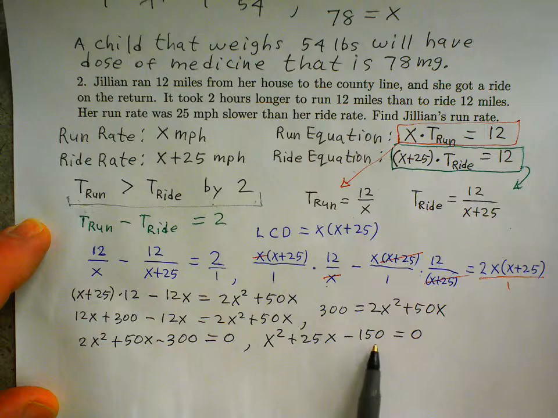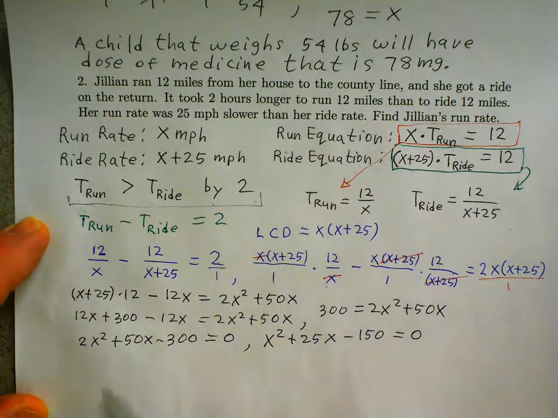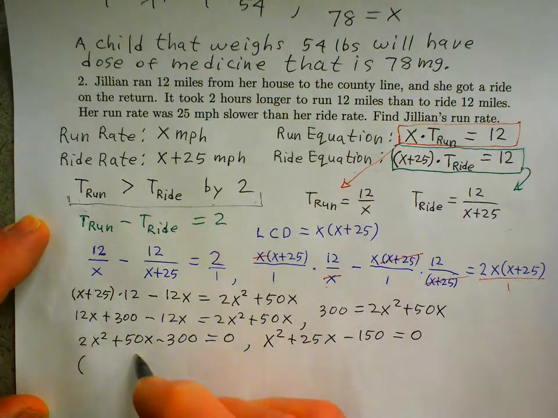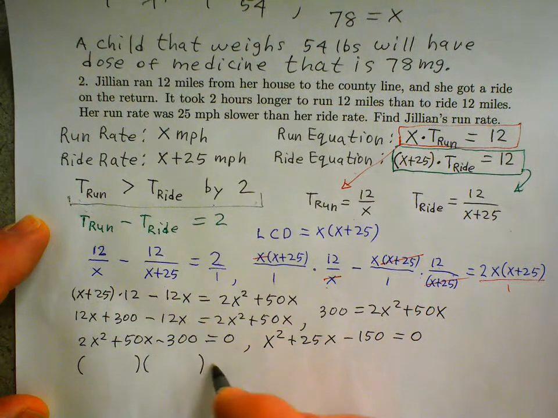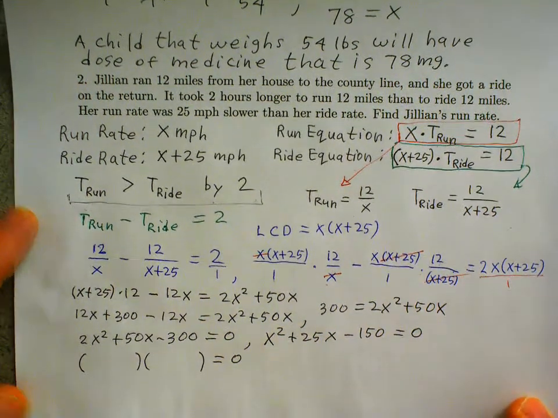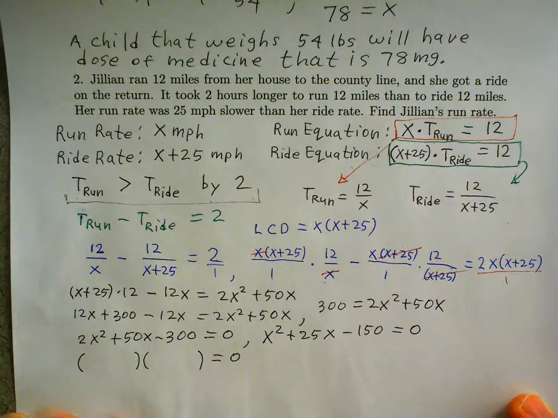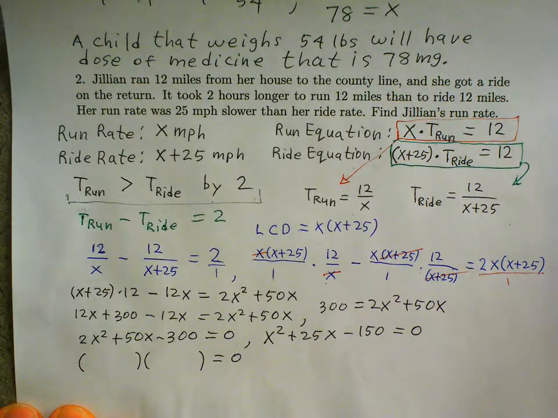Okay, it's not too hard to find the factors of x squared plus 25x minus 150. Do you see what those two factors are? Well, we know that the two binomials each have to have x.